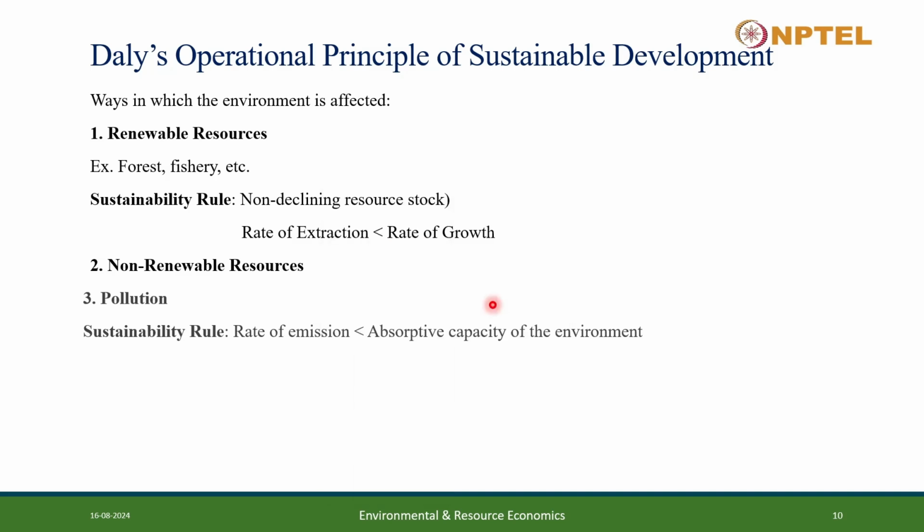That is, the rate of extraction should always be less than the rate of growth, so that we give the environment some time to regenerate itself. When we extract too much, the time we give to the environment will not be sufficient for it to regenerate itself.